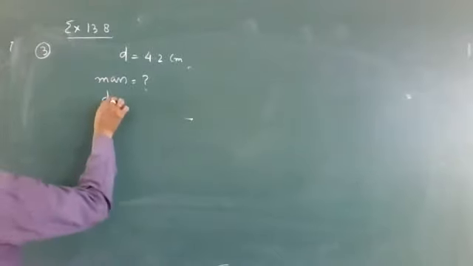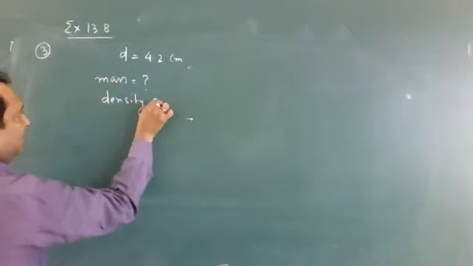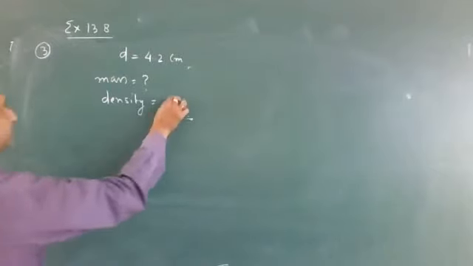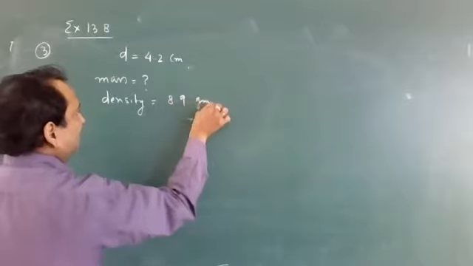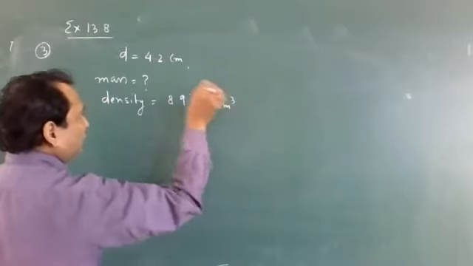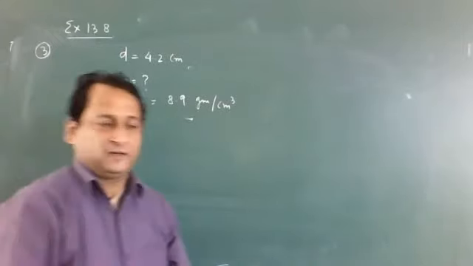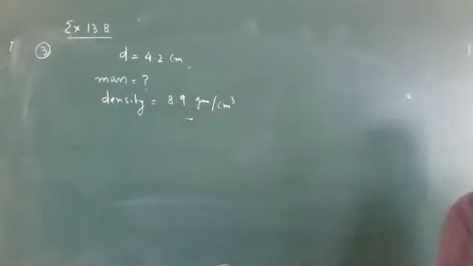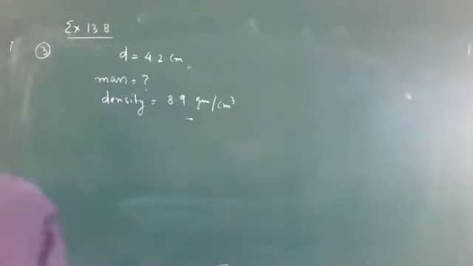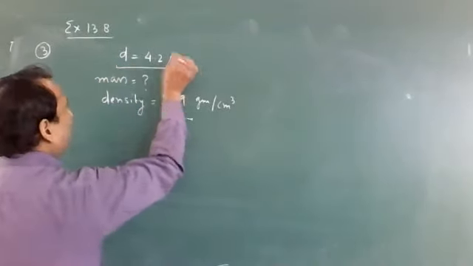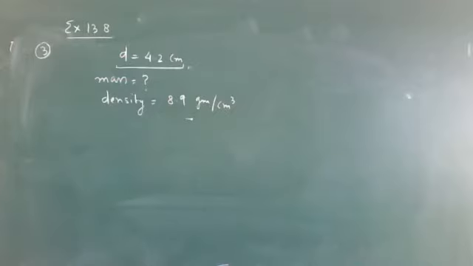If its density is 8.9 gram per centimeter cube. That means we have been given the density of the metal the ball is made of. Now it asks for the mass of that ball, how heavy it will be.